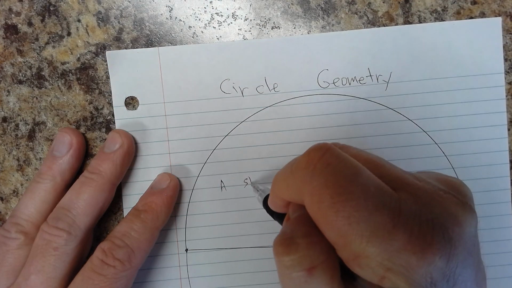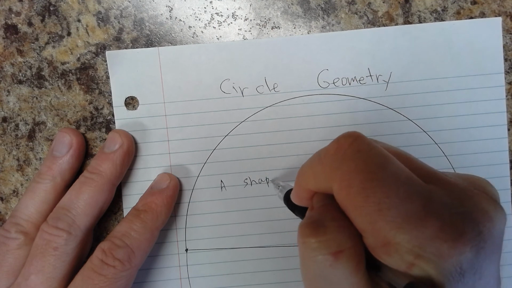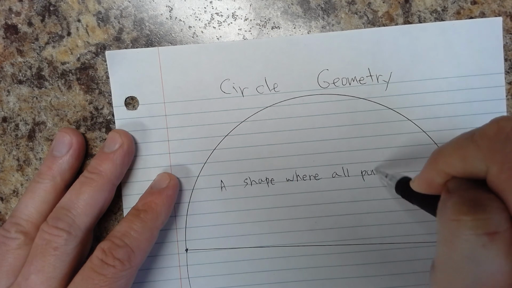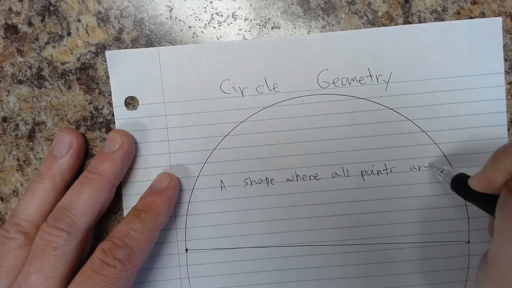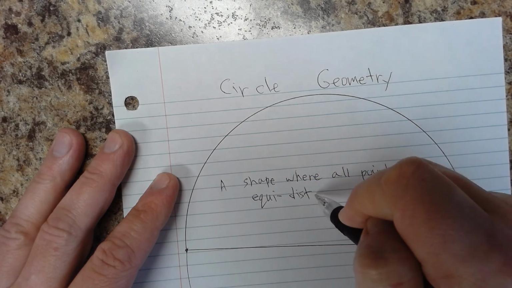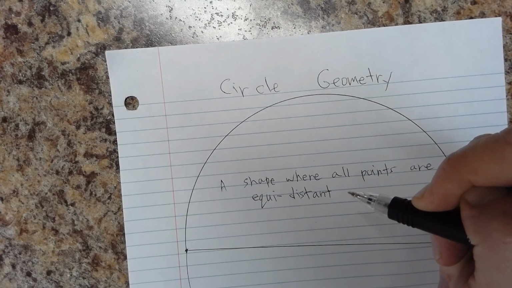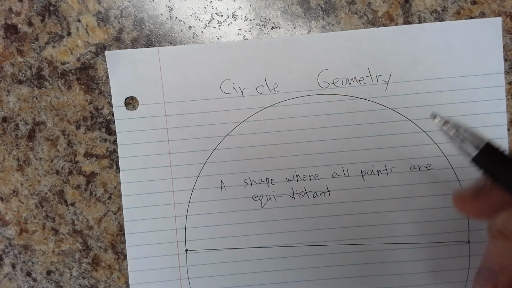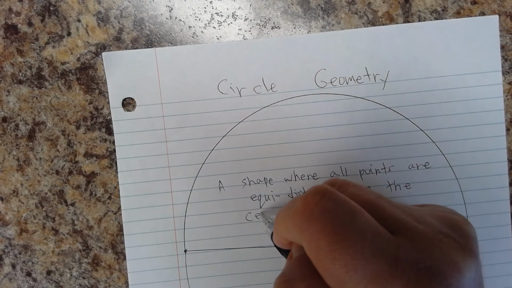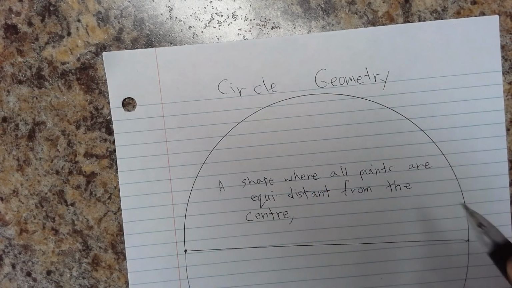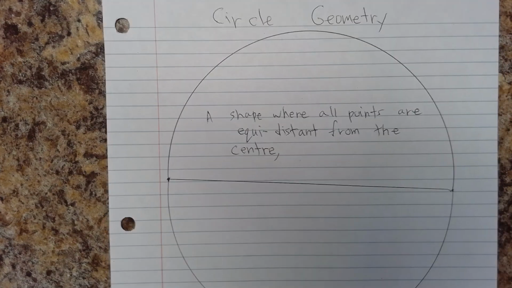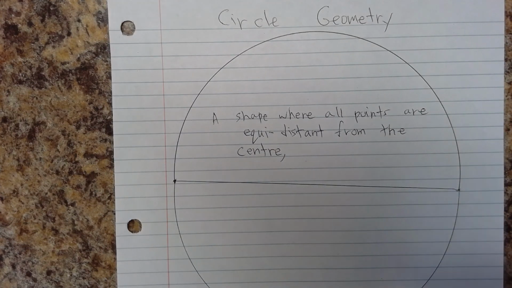A circle is a shape where all points are equidistant from the center. And it has one continuous side. It doesn't have multiple sides, it has one continuous side.